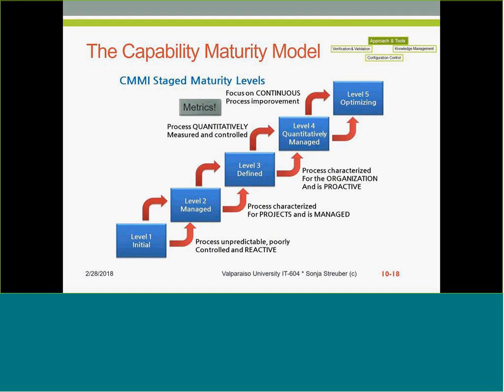And as we move from level 4 to level 5, the optimizing level, that's where continuous improvement really becomes important. This is where we have regular project reviews, and product reviews, of course, as well. And we review our processes for how effective and how efficient they are.